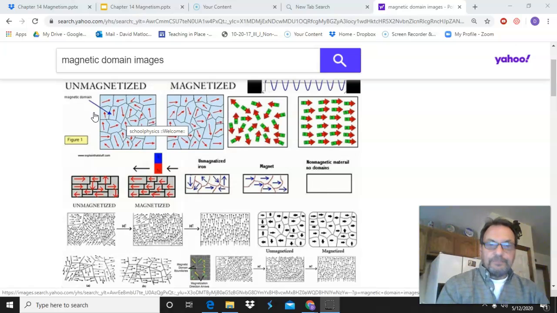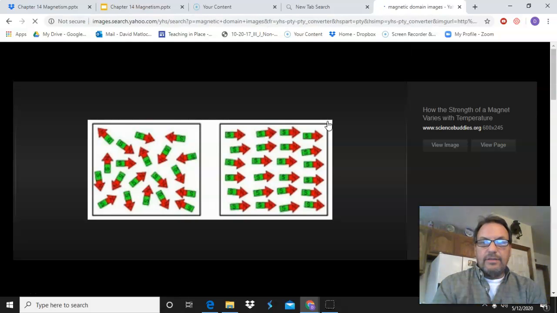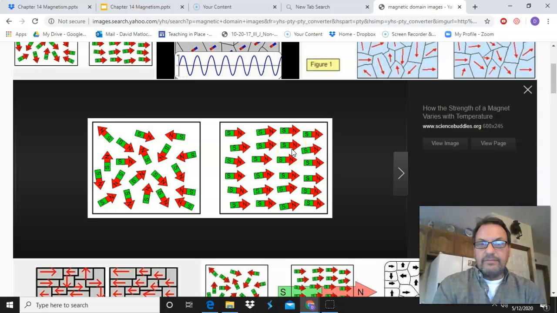And then when they actually line up in the same direction, like this image right over here, you can tell that's going to be a magnet. These things are not always lined up, and so they are what you would call a temporary magnet. But this is what a magnetic domain is when you hear the term magnetic domain.